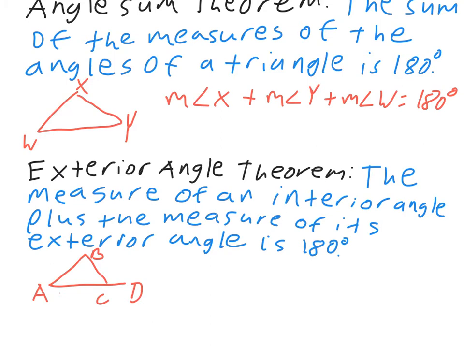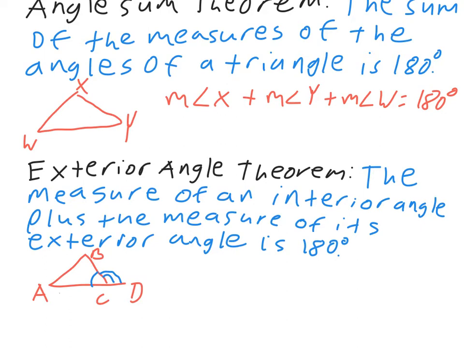So say we have a triangle. So the exterior angle theorem says the measure of an interior angle, so let's say this one right here, plus the measure of an exterior angle, so say this one right here, and I'll mark it with 2 angle marks to show that those two aren't the same. So those 2 angles will add to 180.